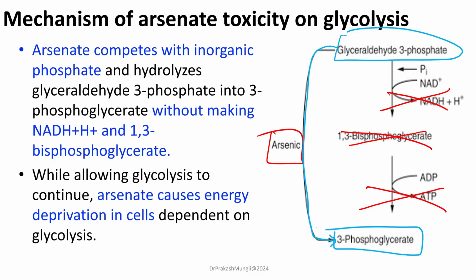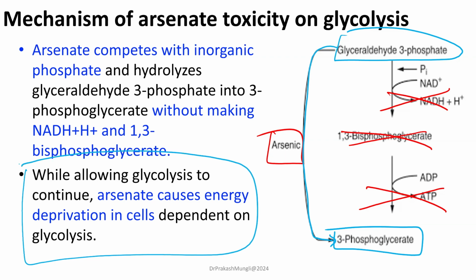That is what I have written here. Without making NADH and 1,3-bisphosphoglycerate, while allowing glycolysis to continue, arsenate causes energy deprivation in cells dependent on glycolysis. If the cell is heavily dependent on glycolysis for ATP generation, those cells will be severely affected because you are bypassing the reaction, not allowing energy to be generated.